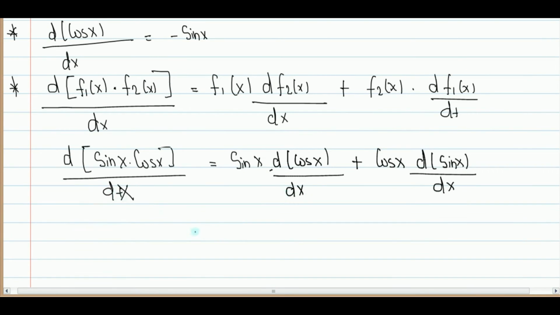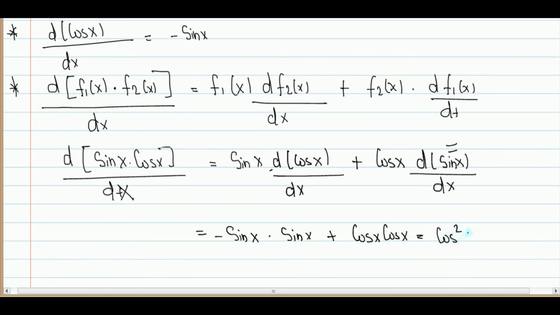So if you see it here, sin x times the differentiation of cos x, which is minus sin x, so take minus at the front, plus cos x times the differentiation of sin x, which is cos x.